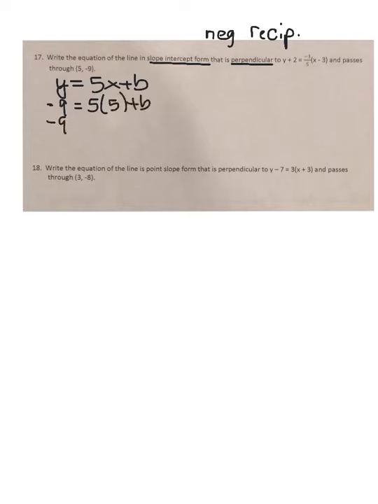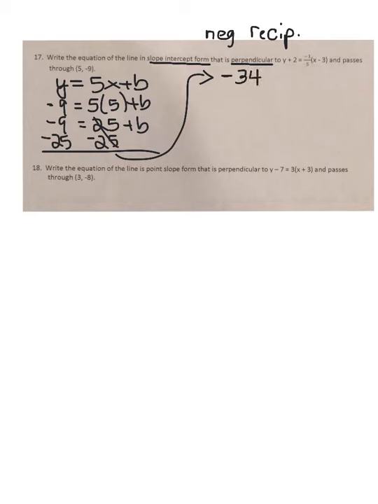So -9 equals 25 plus b. Subtract that 25 over and add -9 and -25. Okay, they're both negative, so that's going to be -34 equals b. And then write the equation. So y equals 5x minus 34.